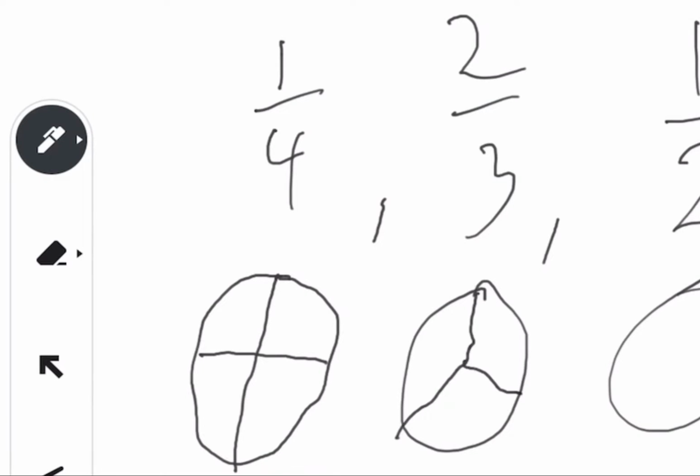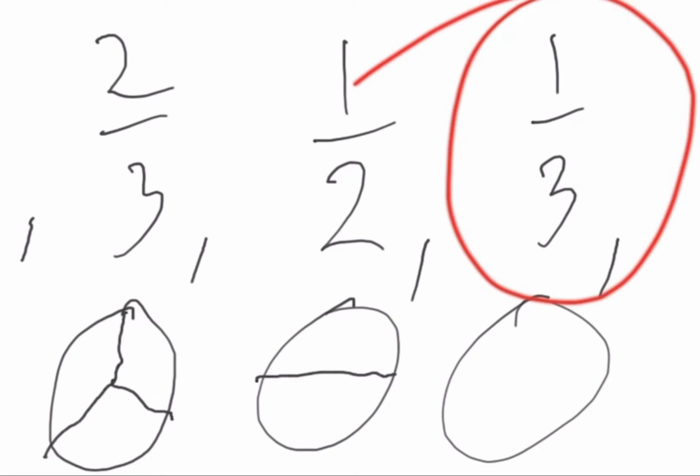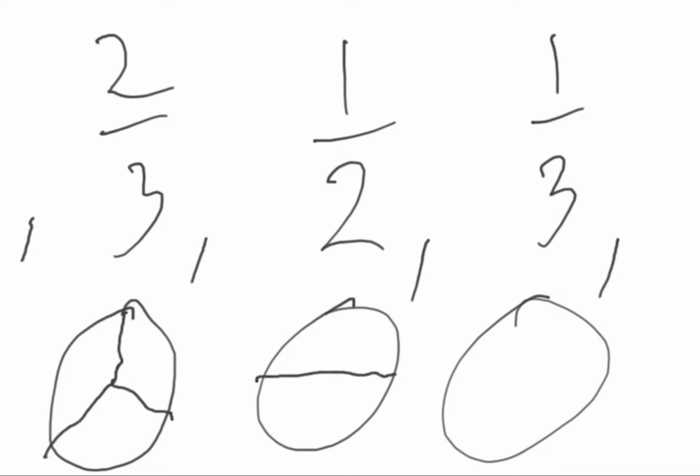Some of you couldn't quite figure it out, but let's pretend like these are equal parts, okay? And on this one, how many parts am I going to divide my whole into? 2 equal parts. And on this fraction, how many parts am I going to divide it into? 3.